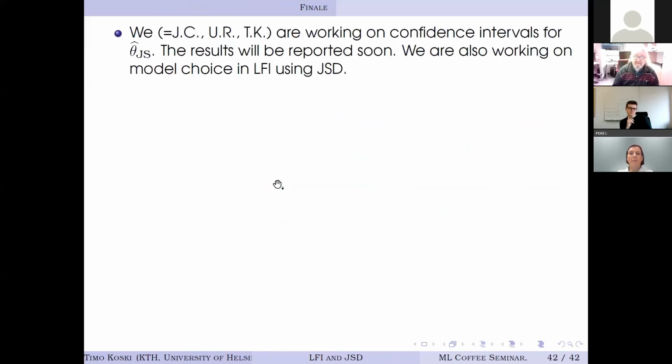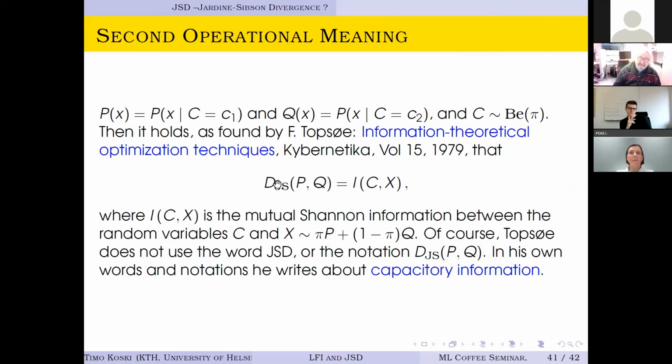Then this Jensen-Shannon divergence is actually nothing more than the Shannon information between C and X, when X is distributed as a mixture of P and Q, like that. So Topsøe didn't use the word JSD or any notation, but he was talking about capacity information in there.